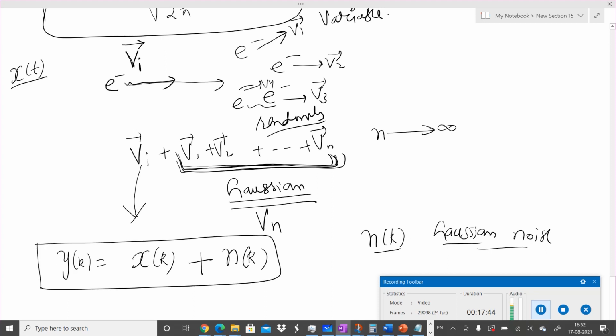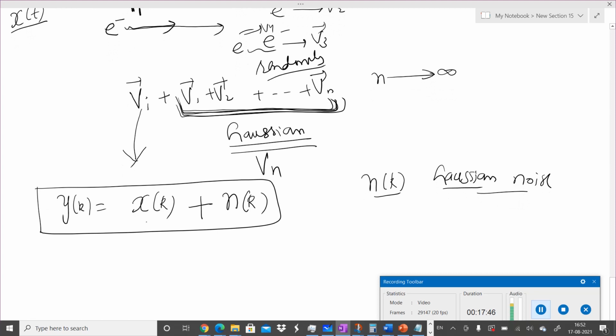So you have a channel in which noise gets added to the input process. Another important property of this Gaussian noise, which you might have seen in the random process course, is that if you see this noise as a random process, its power spectral density is constant with respect to frequency.